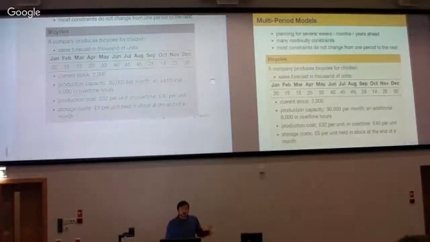But there are some costs related to storing the bicycles, namely, think that it costs you £5 per bicycle that you're storing at the end of the month. So this is the kind of accounting. It's only very roughly saying how much it's going to cost you, because you're not looking at whether it's there for 2 weeks, but you just say, well, if it's left over at the end of the month, then we think it's £5. So you're going to get an approximate solution, but it'll be good enough.